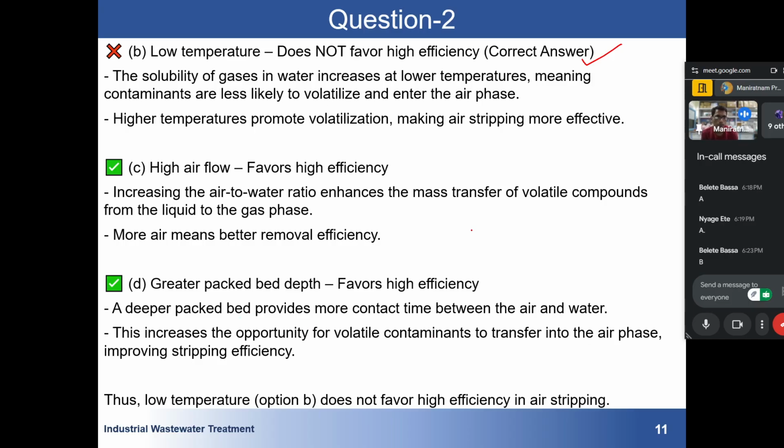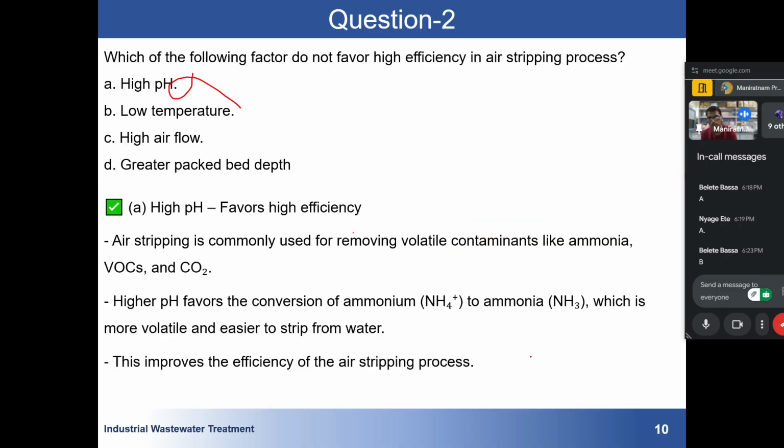If you are providing more contact area and passing the water through it, there are high chances of more contact time between the air and the water. Again the air stripping efficiency will be increased. This increases the opportunity for volatile compounds to transfer into the air phase, improving the stripping efficiency. Thus, low temperature does not favor efficiency in air stripping. Okay, so yes, the correct answer was B.